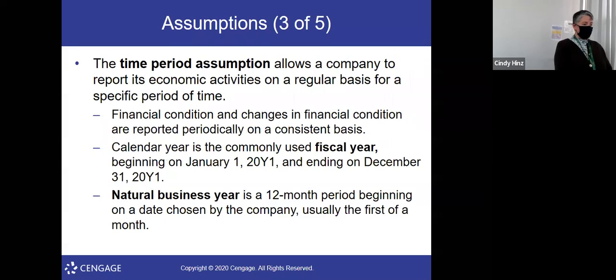Okay, let me just skip through these. The concept of going concern means that we assume, unless we have evidence to the contrary, that our business is going to continue, it's going to last forever. Corporations, because it is a separate legal entity, can have an unlimited life.